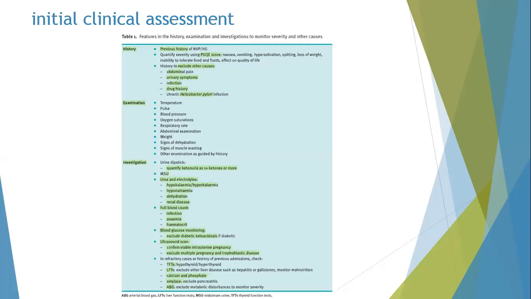Calcium and phosphate, amylase to exclude pancreatitis, ABG to exclude metabolic disturbance to monitor severity. So she has a full workup in this case, because this is a serious case. If hyperemesis gravidarum went to dehydration, sometimes it may be fatal.